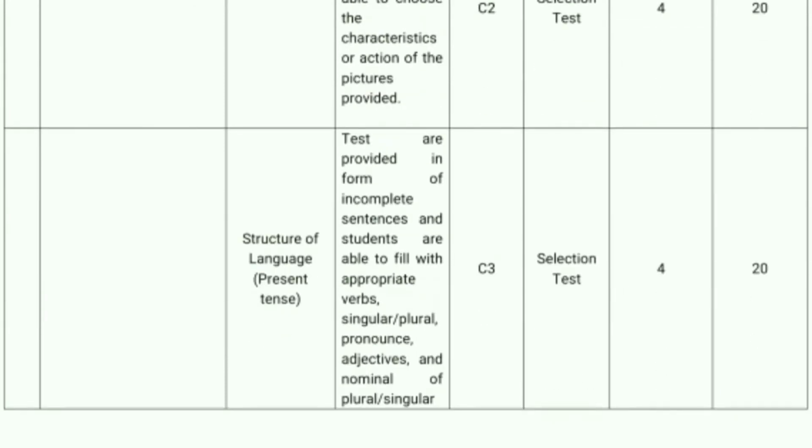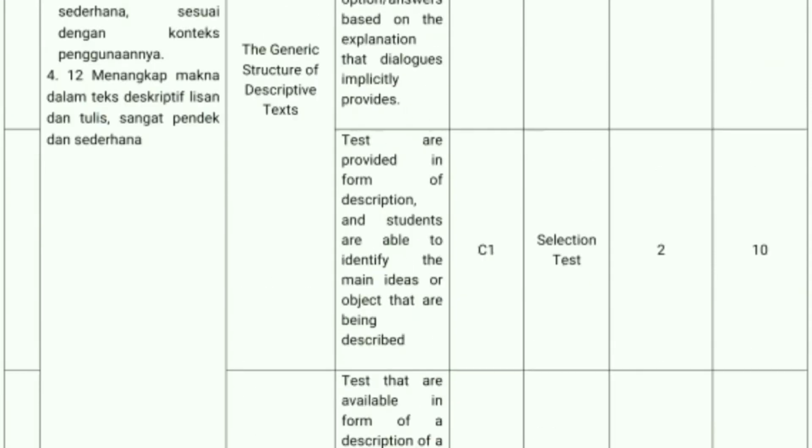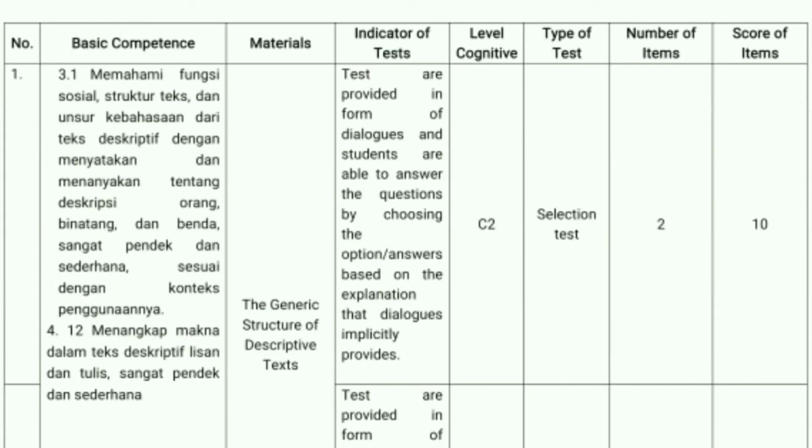And for the structure of language in the simple present tense, the tests are provided in the form of incomplete sentences, and the students are able to fill in the appropriate verb, singular or plural pronouns, objective, and nominal of the plural singular. And for the next, the cognitive level will be continued by Shanti.